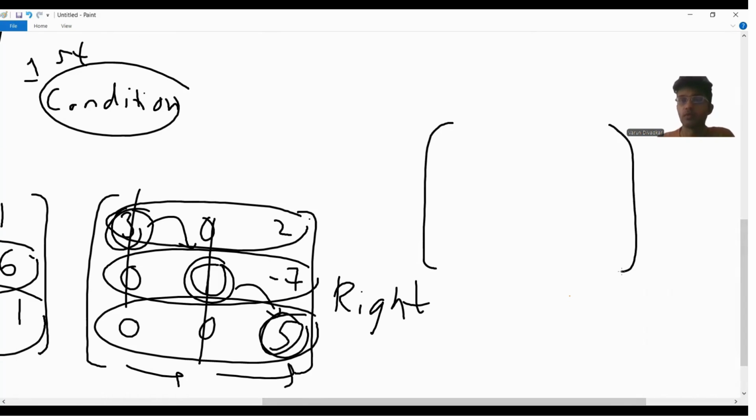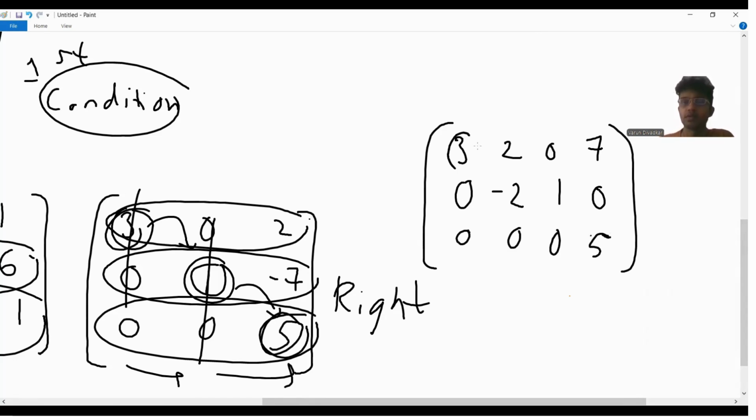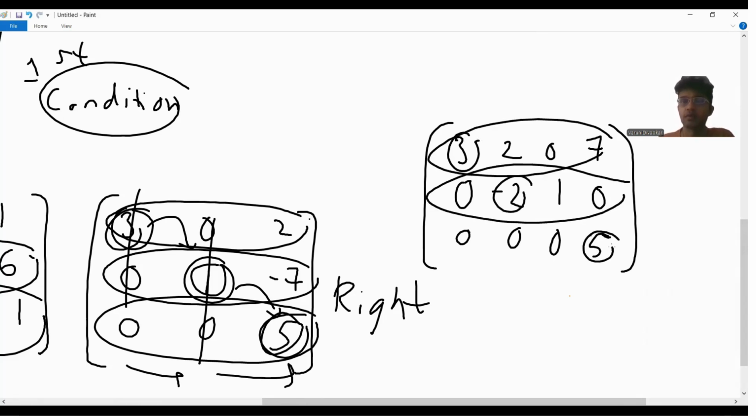Let's take a 3 by 4 matrix this time, like 3, 2, 0, 7; 0, -2, 1, 0; and 0, 0, 0, 5. Even here, this is the pivot in the first row, this is the pivot in the second row, and this is the pivot in the third row.